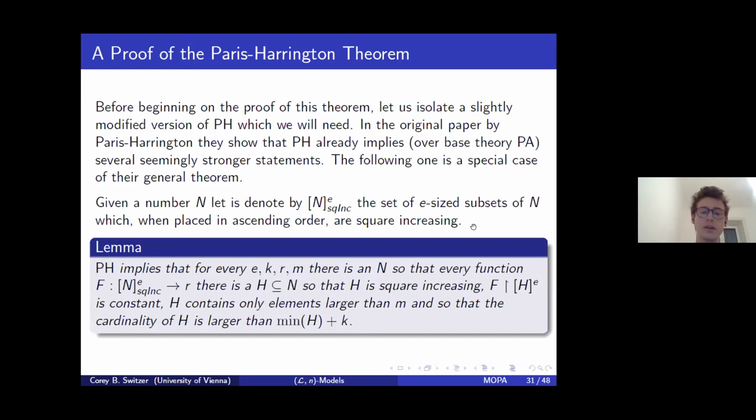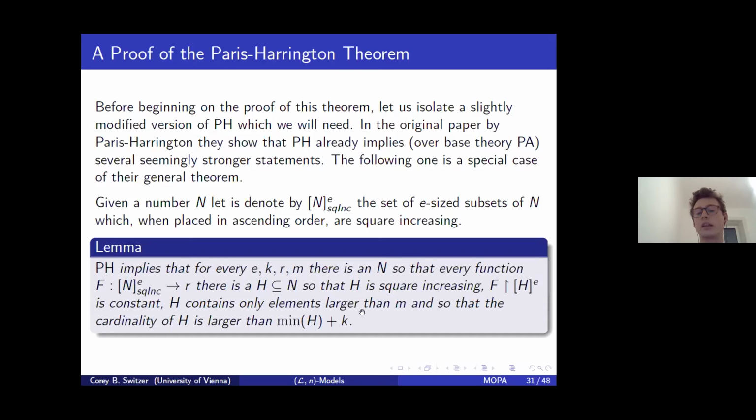Anyway, so some more notation: n bracket e sub square increasing is the set of e-size subsets of n, so that if I place them in ascending order, they're going to be square increasing. And so PH implies that for each e, k, r, and m, I can find a large enough n so that for every function f from [n]^e_square-increasing into r, I can find a homogeneous H, which is square increasing, so f restricted to all the e-size subsets of H makes sense.